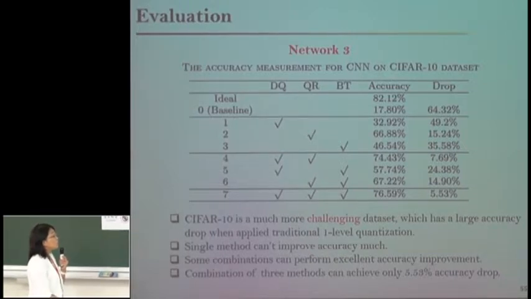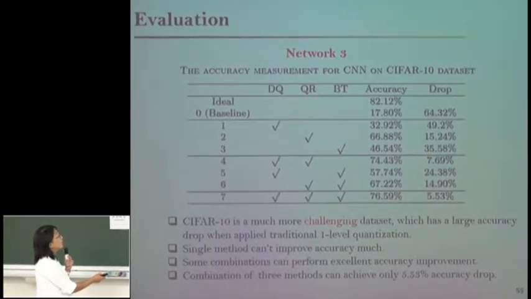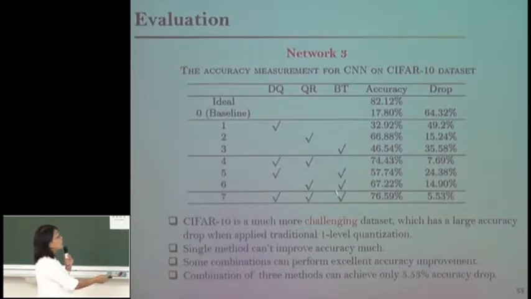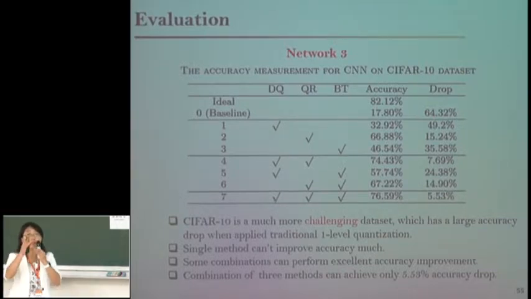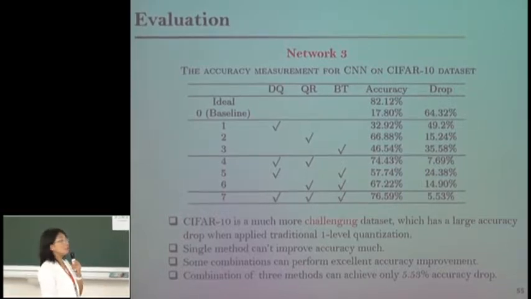So two to three methodologies will be better for the requirement. Another observation is that the quantization regularization scheme is very critical. It essentially uses a system-level training method to make the weights converge to discrete values.